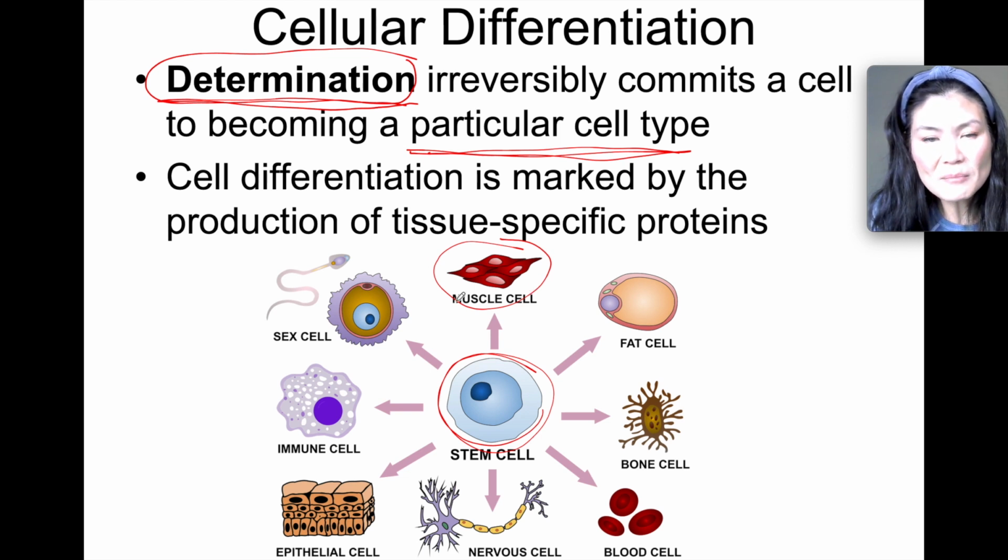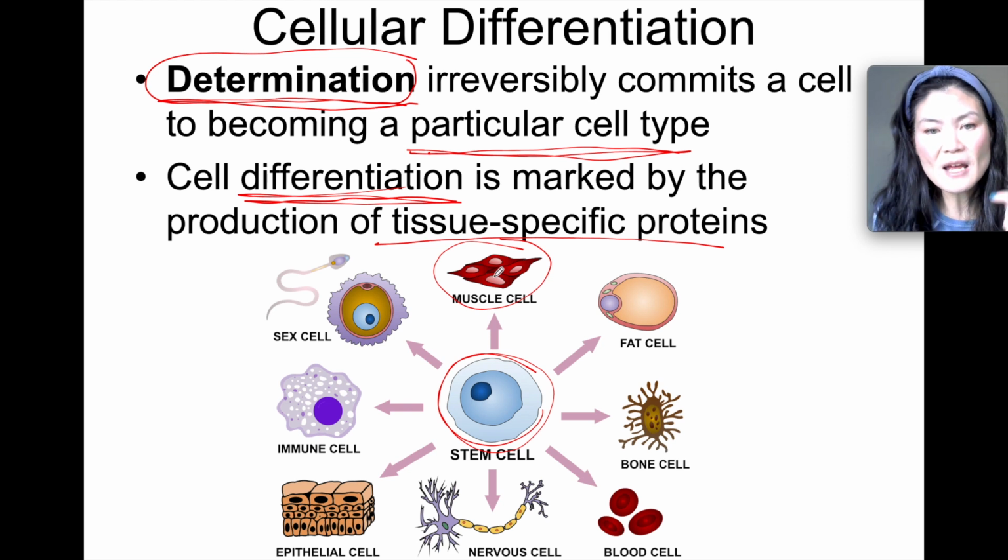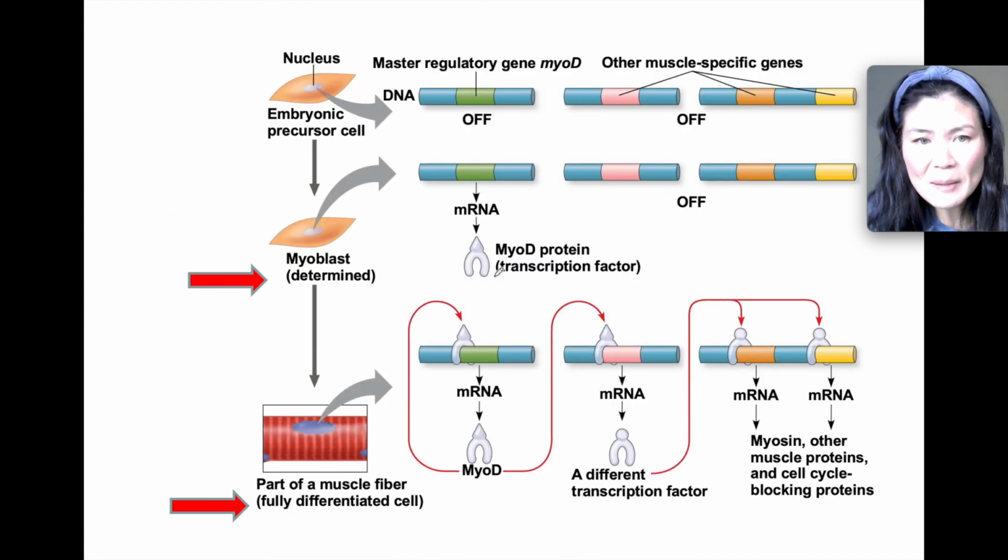And when they start making those proteins, that's when it becomes differentiated. Okay, differentiation is when the cell starts making those tissue-specific proteins, but determination is when those genes are going to be turned on. So you turn the genes on, and then you make the protein. So turning the gene on is determination, and differentiation is when the proteins are actually being manufactured in that cell.